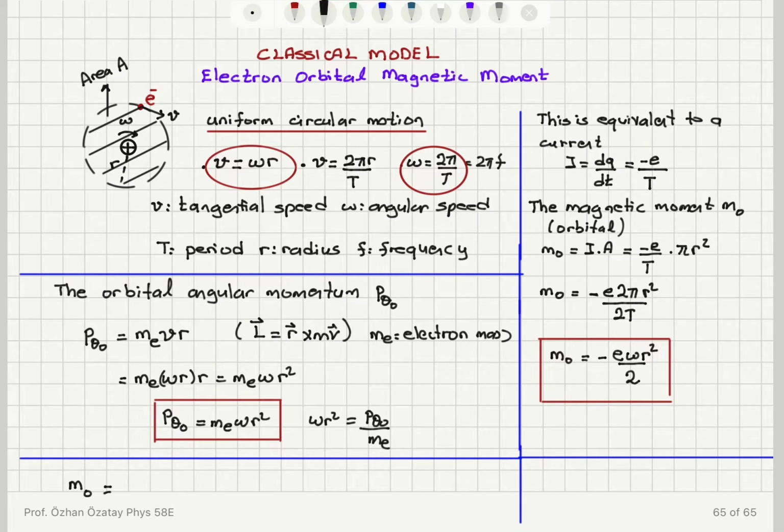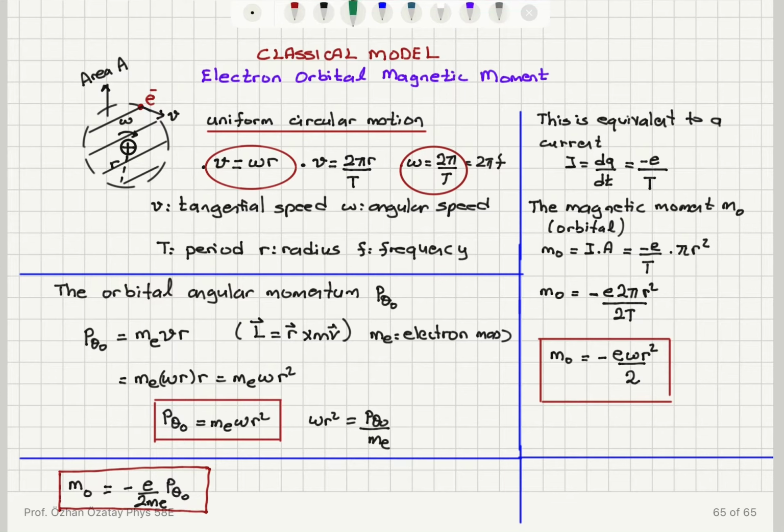So then I have minus e over 2 mass of the electron times the orbital angular momentum. So this is the classical result. The contribution to the magnetic moment should be minus e over 2 me multiplied by the orbital angular momentum.